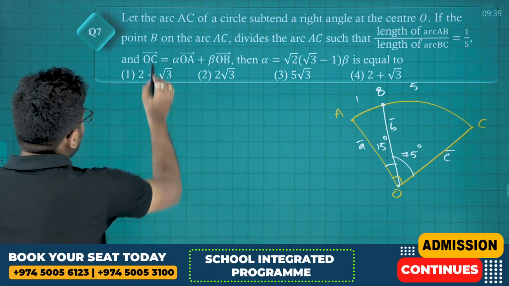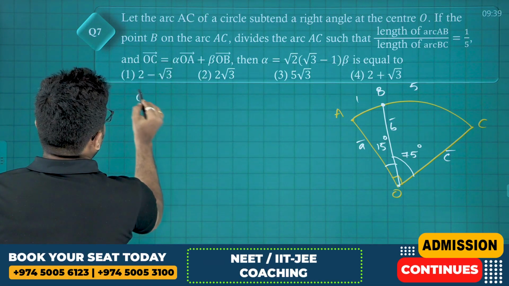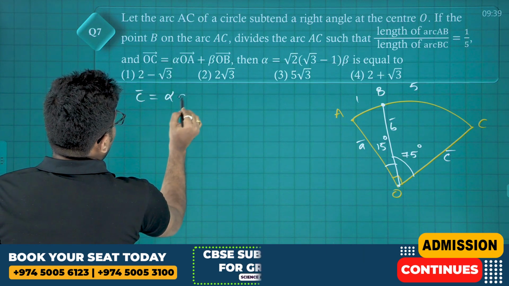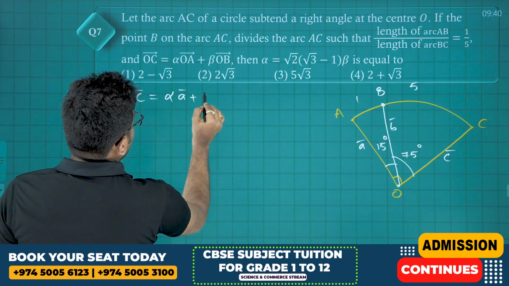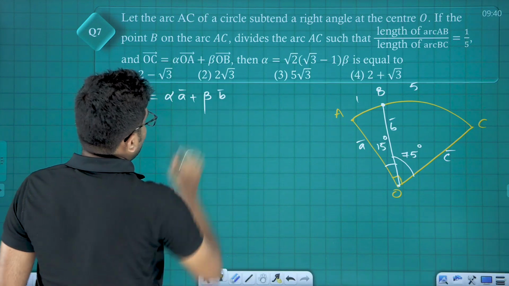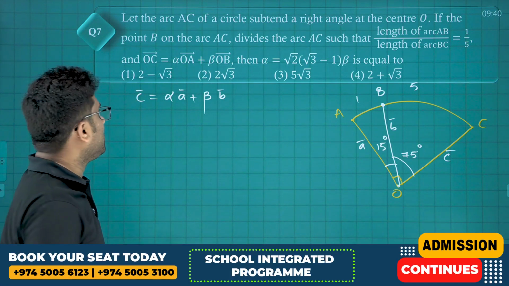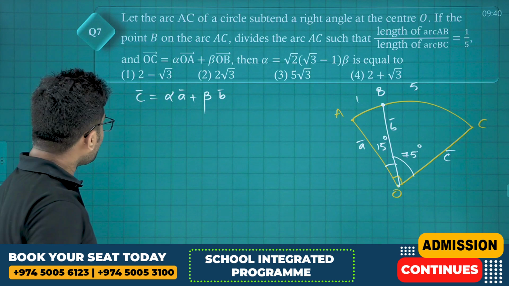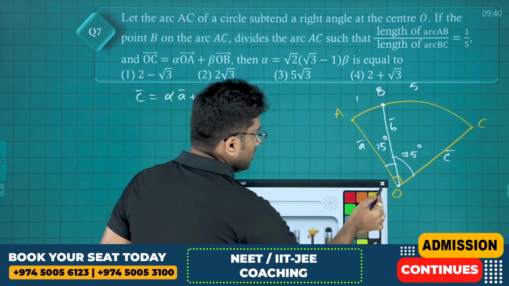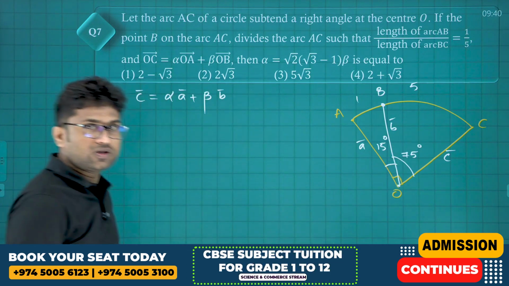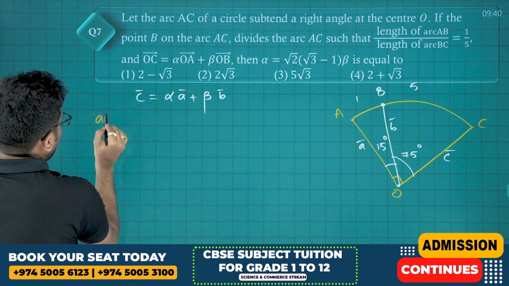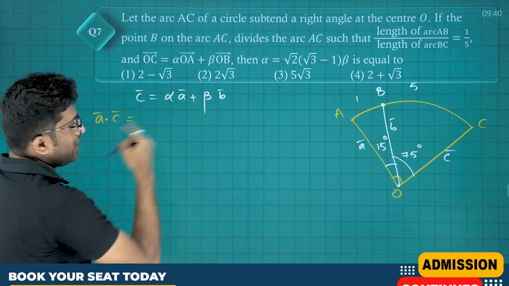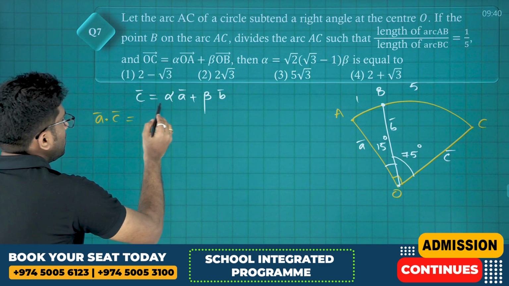Okay. So now they have given that C bar equals alpha times A bar plus beta times B bar. Now we know, friends, A bar dot C bar equals 0, no? So first we'll take the dot product of both sides with A bar.